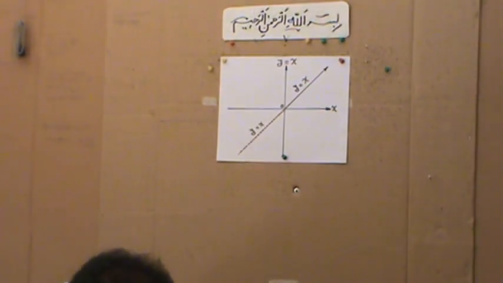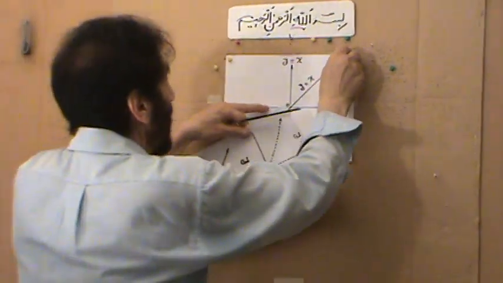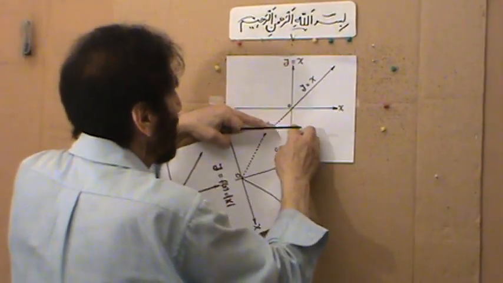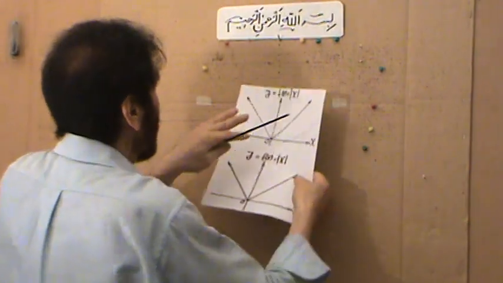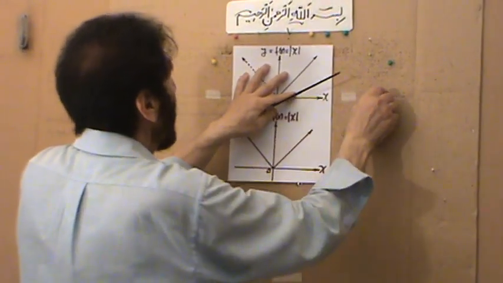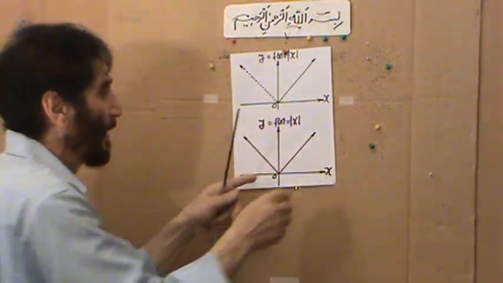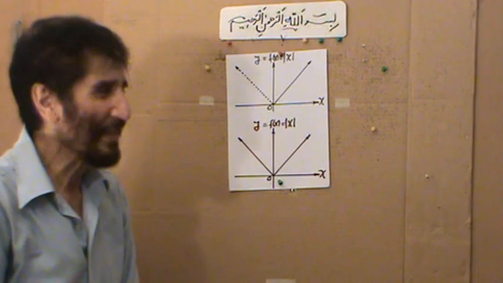Now, based on all these observations and the mental picture that we got, we can have a complete picture of the graph of absolute value, and that will be the picture of that. Sorry for my primitive equipment.